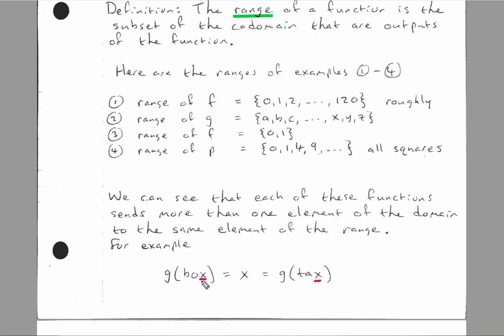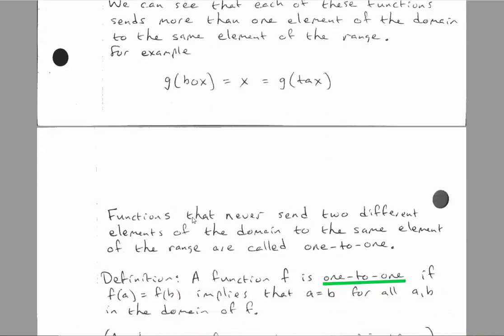So any words that end in the same letter get sent to the same place. What we're interested in is functions that never send two different elements of the domain to the same element of the range. Those are called one-to-one functions. So this word function is not one-to-one. It does send different elements of the domain to the same place.